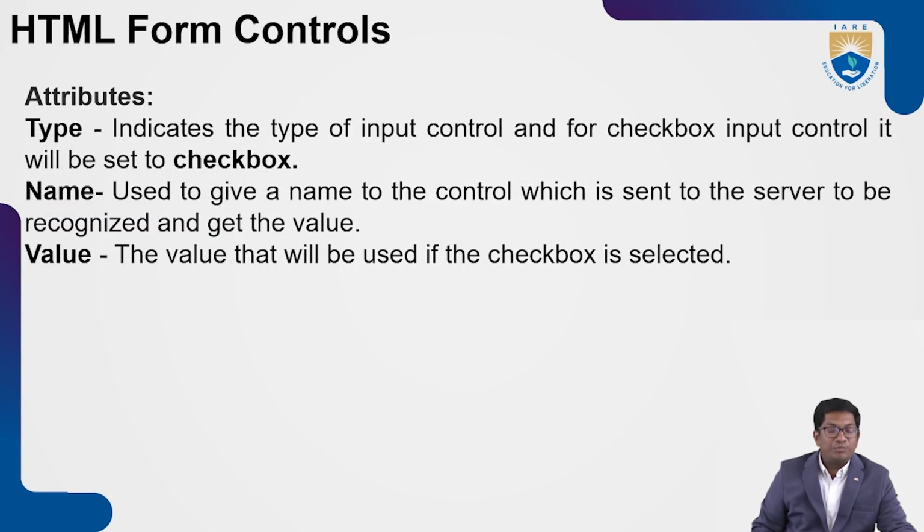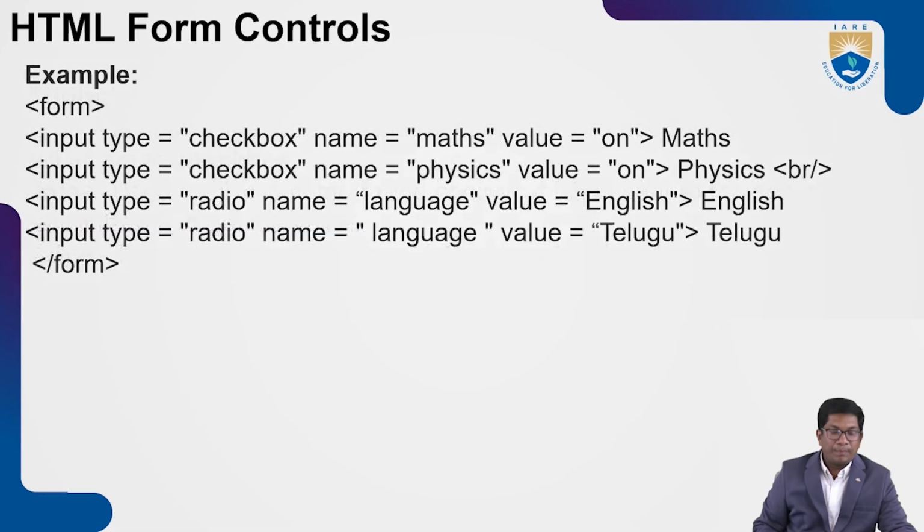In this checkbox, we have the attributes. Type indicates the type of input control, so this one is checkbox. We have the name to identify that control, and value that will be used if the checkbox is selected. See here, suppose we have to select the languages known. Here we have 4 checkboxes.